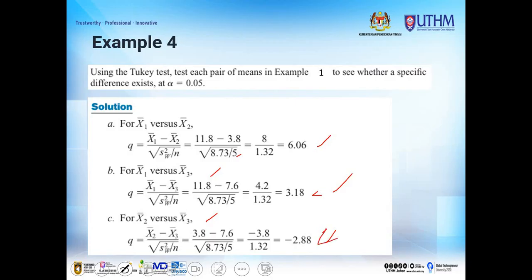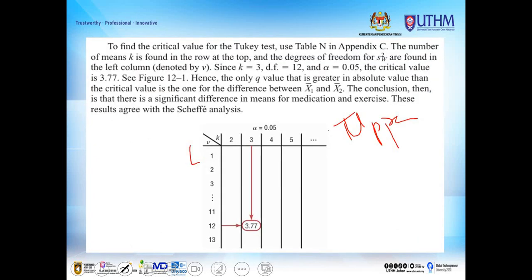This means the difference lies between x1 and x2.